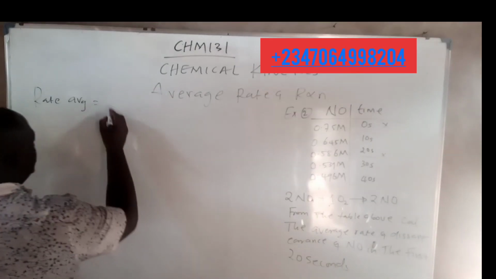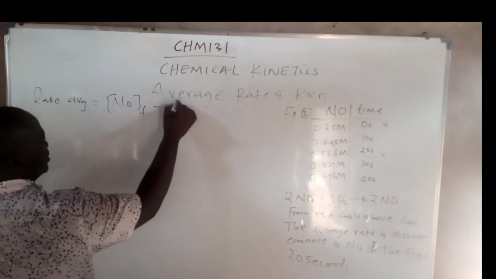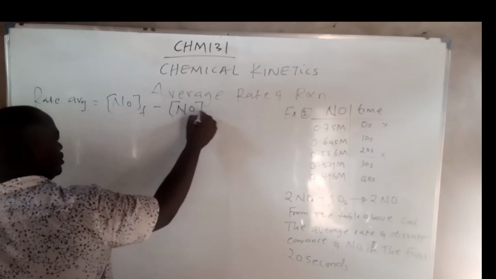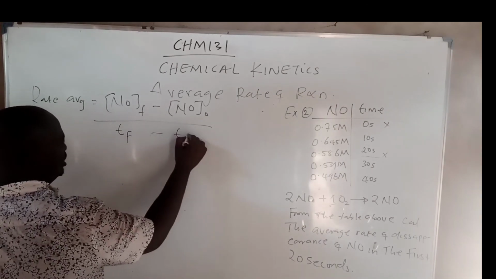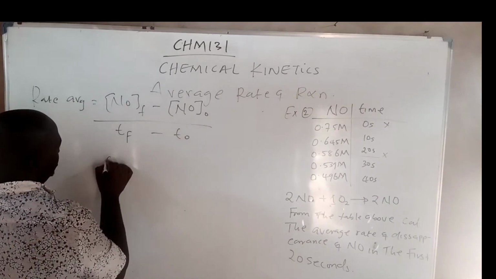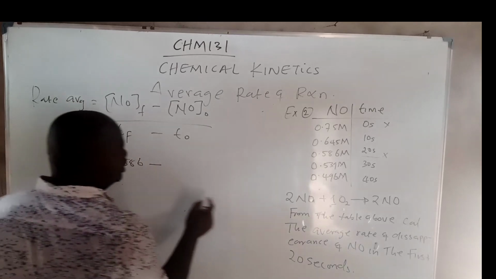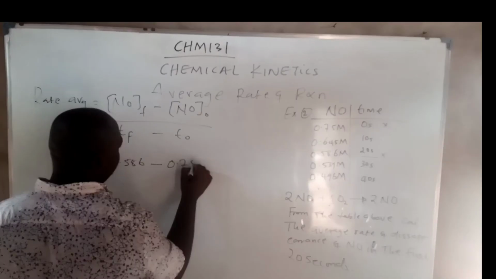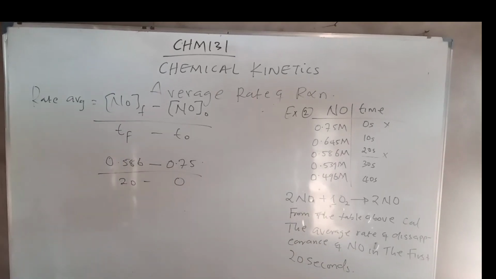Writing the equation, you have NO final minus NO initial, over T final minus T initial. Now the NO here at 20 seconds is 0.586, minus at 0 which is 0.75, over 20 minus 0.